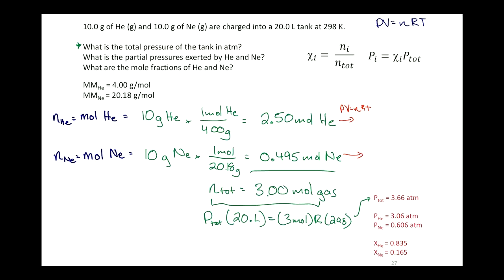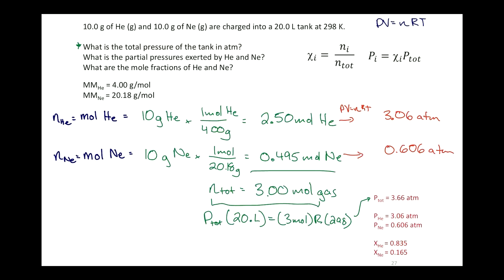So if we use PV=nRT with 2.5 moles of helium and 0.495 moles of neon, we should get different pressure values. Those pressure values, if you calculate them, are something like, so it's in the corner, helium is exerting 3.06 atmospheres of pressure, and neon is 0.606 atm of pressure.